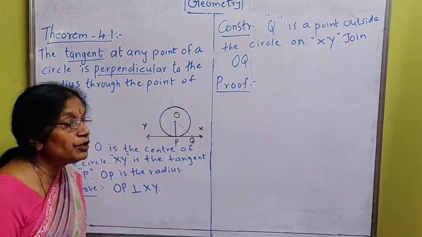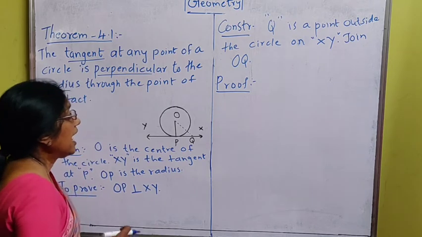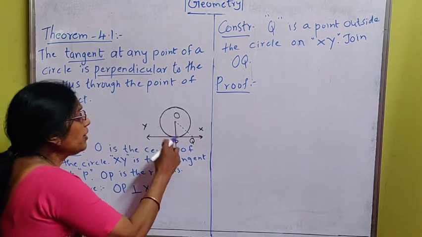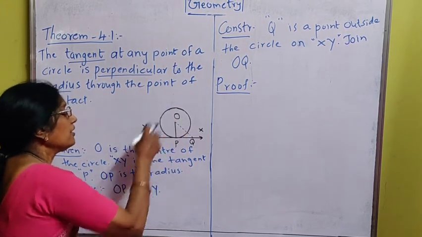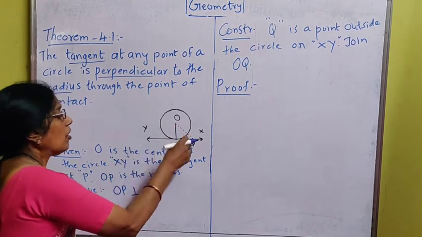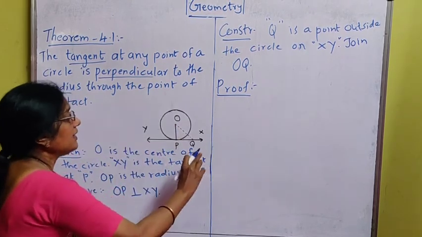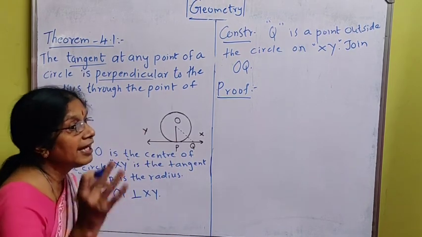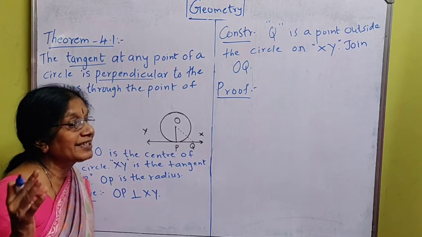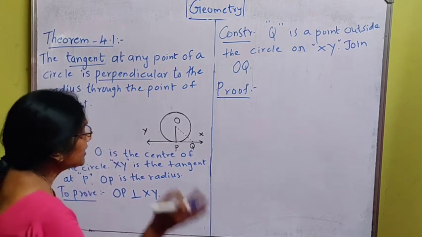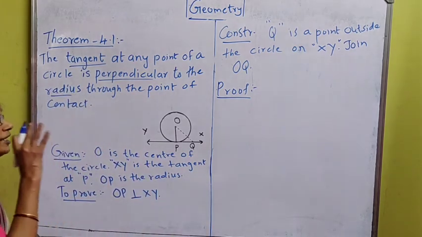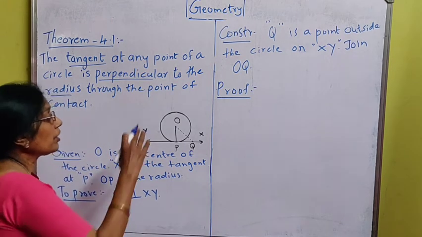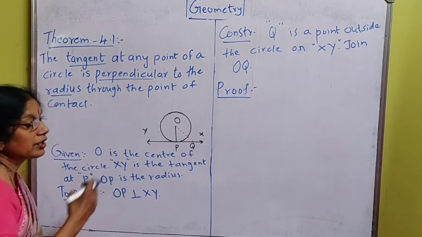And what else does the shortest distance theorem say? Whichever point you take on XY, all the other lines from O are greater than OP. So OP became the shortest distance. If OP is the shortest distance, then according to the shortest distance theorem, the shortest distance is always perpendicular. So OP is perpendicular to XY. So we got our proof.